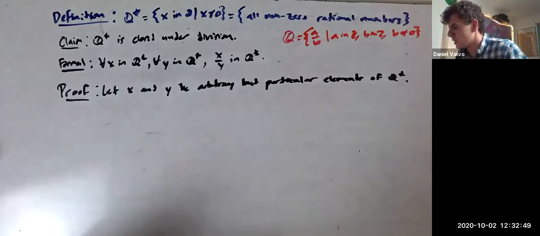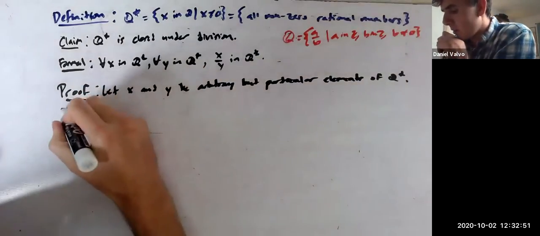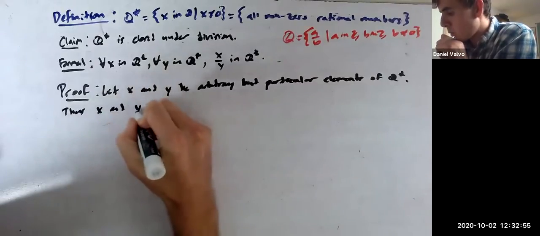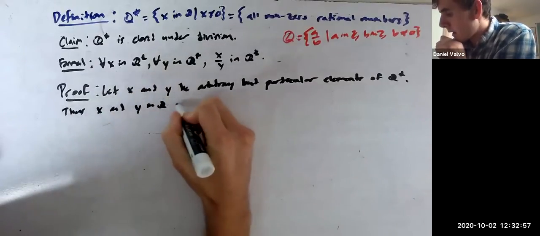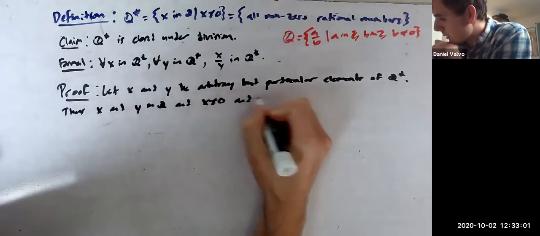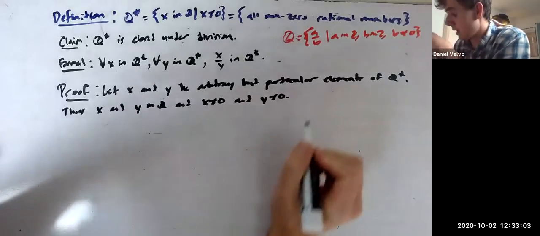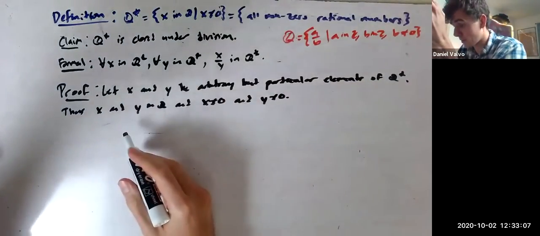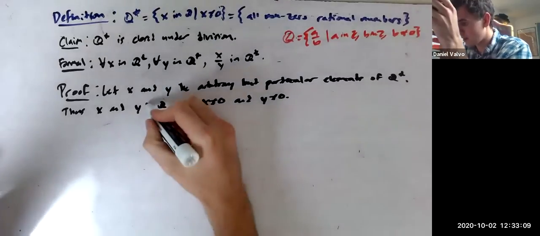All right. So first things first, if you're in Q star, thus x and y are in Q, and x is not equal to 0, and y is not equal to 0, right? That's what it means to be in Q star, a rational number that's not 0.